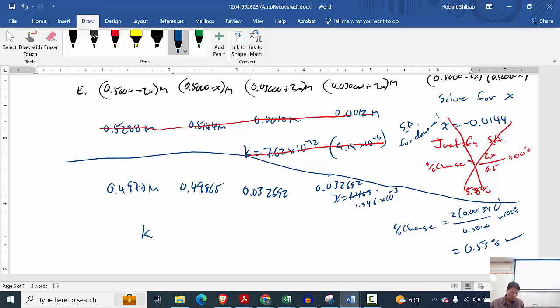And so I'm going to take that 0.032692 and raise it to the 4th power. And then I'm going to divide it by this squared, so divided by 0.4973.